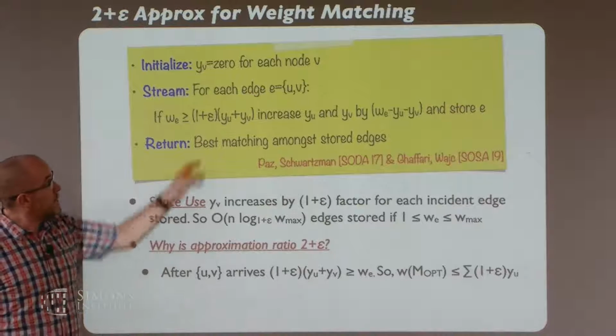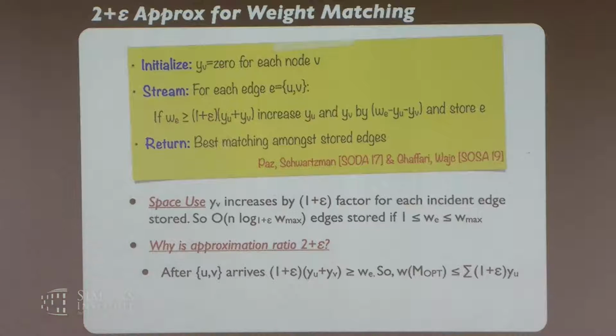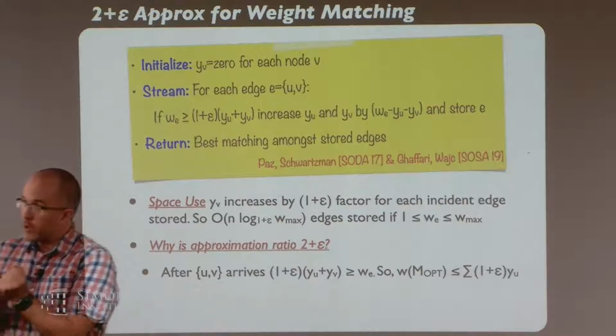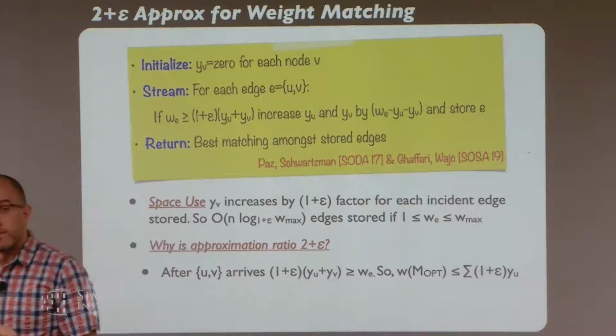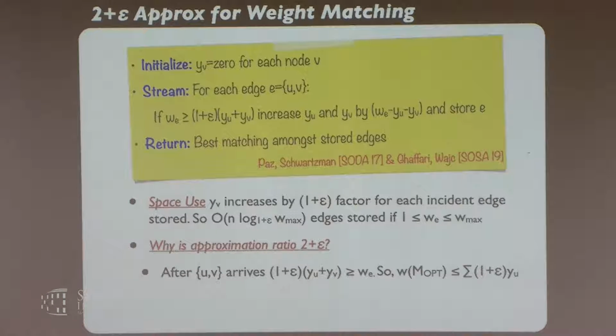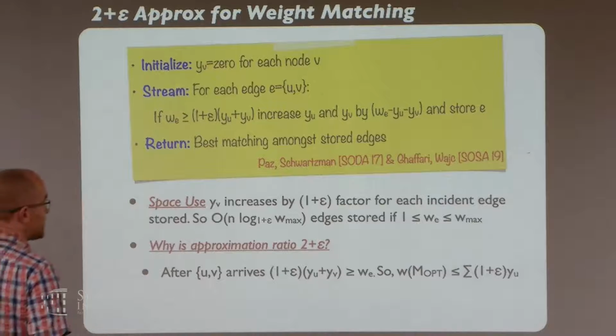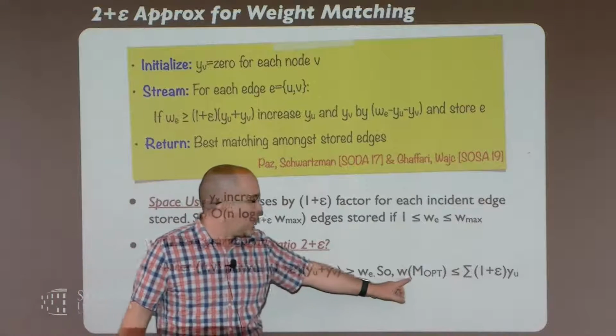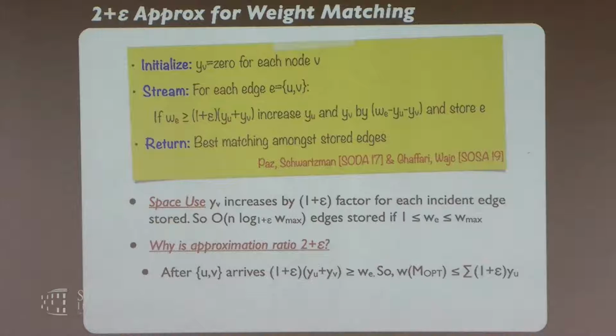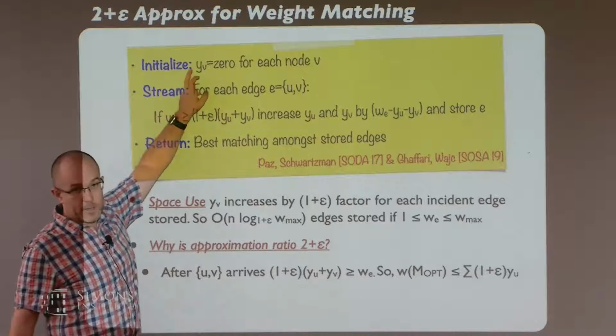So basically, if you follow through this logic, what you'll notice is that after an edge e appears, if e has endpoints u and v, the value of yu and yv will be at least w. Okay? So this applies to every single edge, in particular, every single edge of the maximum weighted matching. So from that, you can argue that the weight of the optimum weighted matching is at most a 1 plus epsilon factor larger than the sum of these y values.